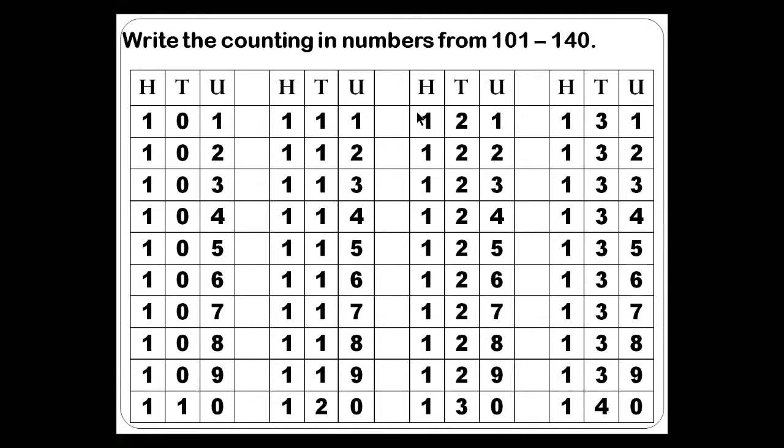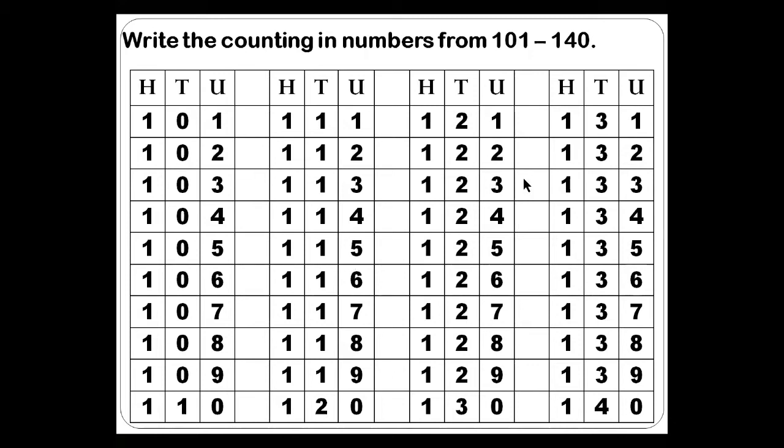Always start from 1 to 10 from the new row. You can see here in the first row I just wrote from 101 to 110, and in the second row I started from 11 to 20. So you will use this pattern in your copy.